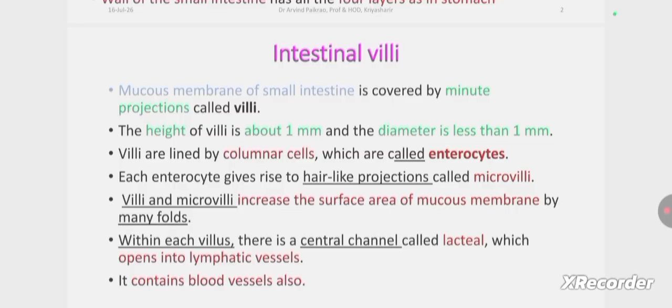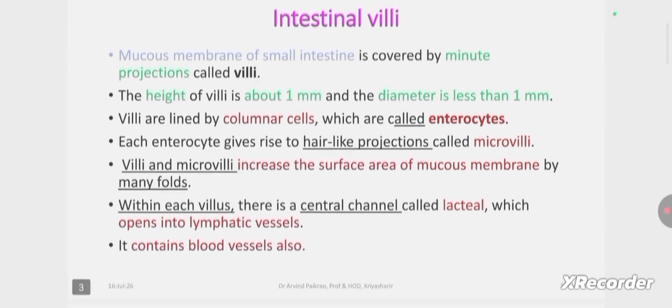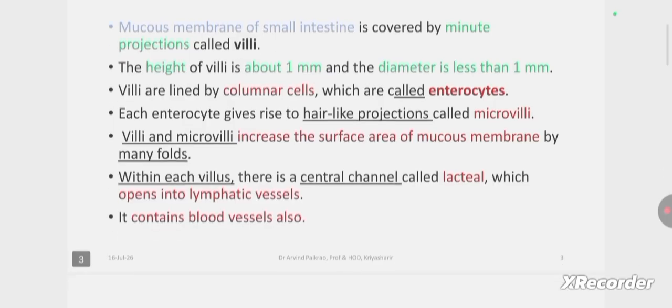Villi and microvilli increase the surface area which is required for absorption, as the small intestine has the major function of absorption. This job is done by villi and microvilli, and the villi also have many folds, and this again increases the surface area for absorption.